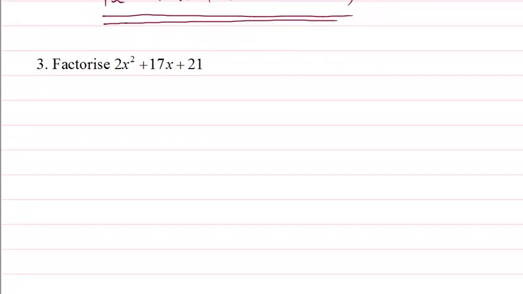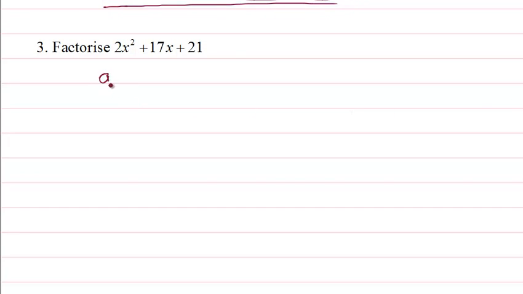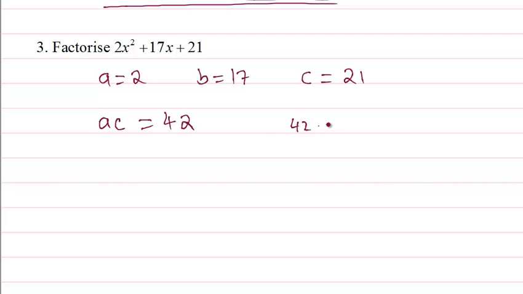Example 3, a is equal to 2, b equal to 17 and c equal to 21. a times c, which is 21 times 2, is 42. Now we're looking for factors of 42 which add up to 17. So just think, 42 is 42 times 1.